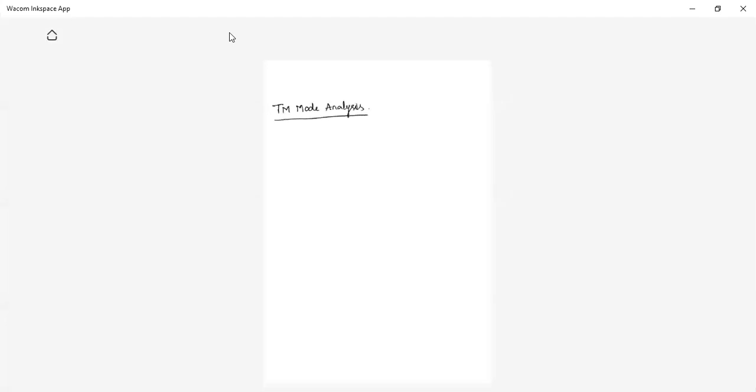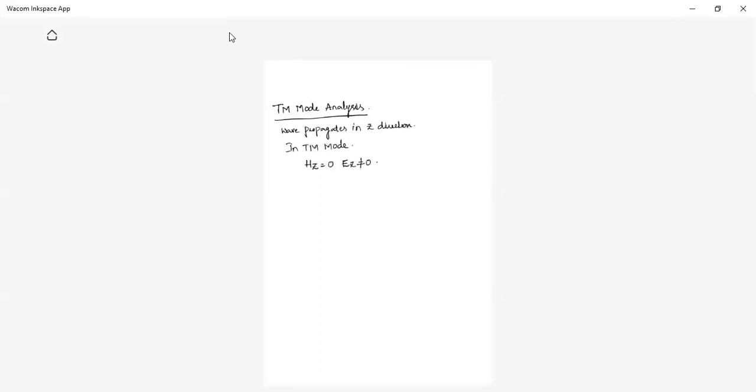So what is TM mode? Transverse magnetic mode. We are assuming that the wave propagates in the Z direction. In TM mode, all of you have a look, this is the most important point: Hz becomes 0, whereas Ez doesn't become 0.